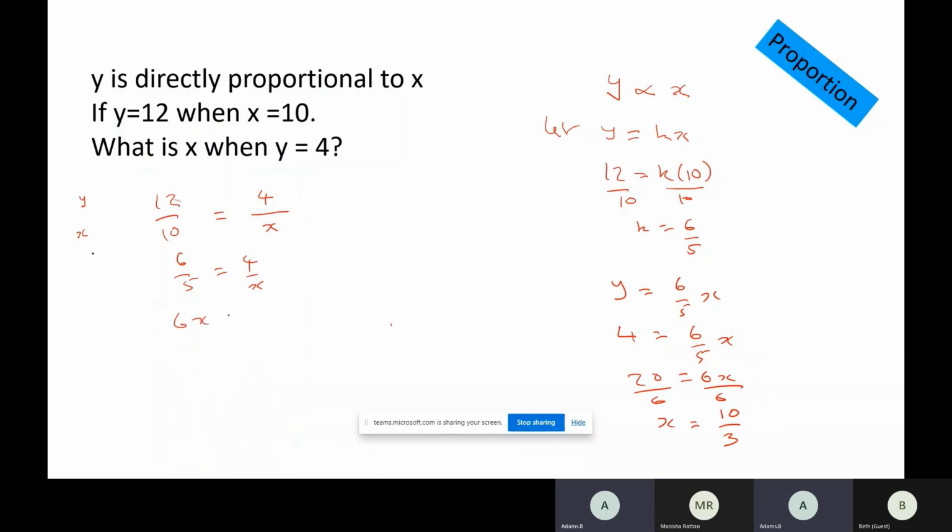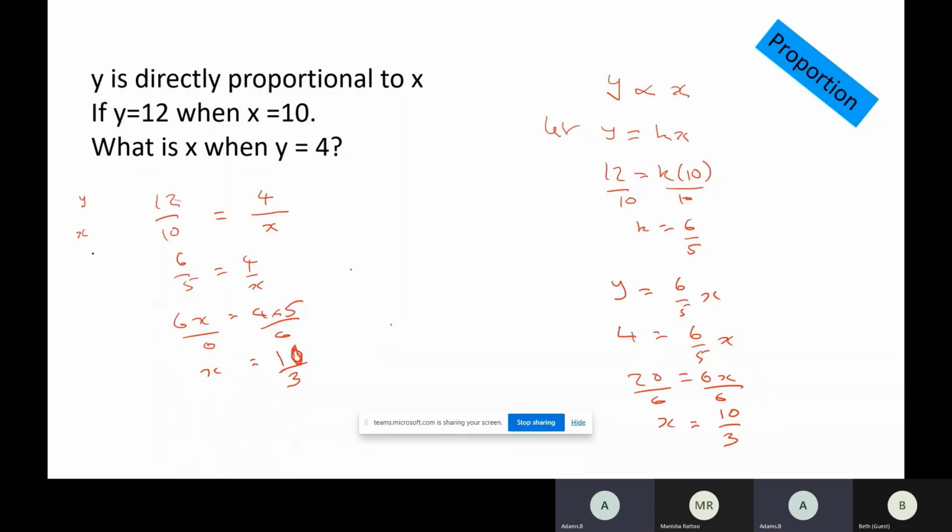So 6x is equal to 4 times 5, divide by 6, divide by 6. x is equal to, cancel, 10/3. And I think it's quite convincing that it's quite a bit less work, and it works very nicely all the time.